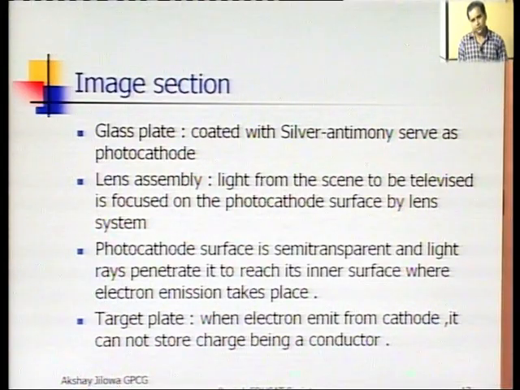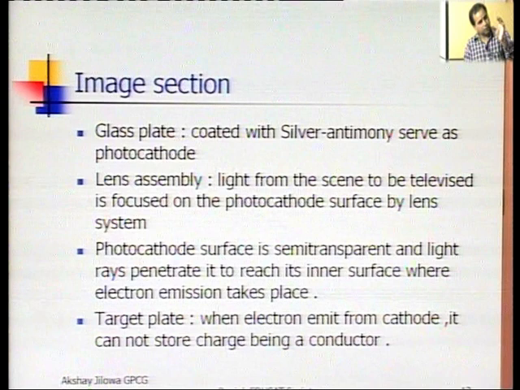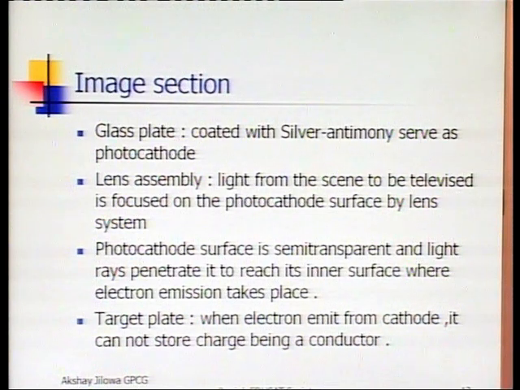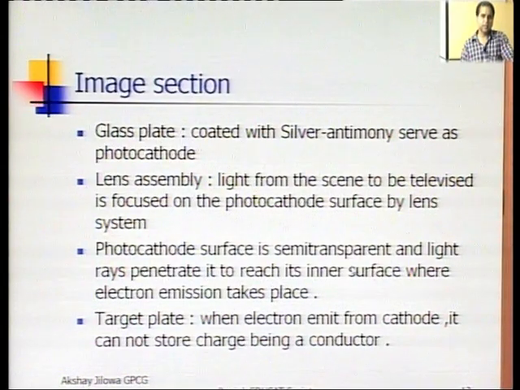Then the lens assembly: light from the scene to be televised is focused on the photocathode surface by the lens system. Focusing of a particular scene means that the scene should be clear and at the focal length of the lens. So, this lens is used to focus the image of the scene on the photocathode. The photocathode surface is semi transparent and light rays penetrate to reach its inner surface where electron emission takes place. This is important.